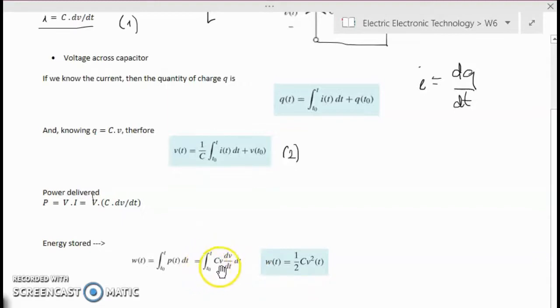C is a constant, so we can take C out when we integrate. We can cancel the dt. The integral of V dV is V square over 2. That leads us to the final equation: energy stored equals half CV square, simply, right?